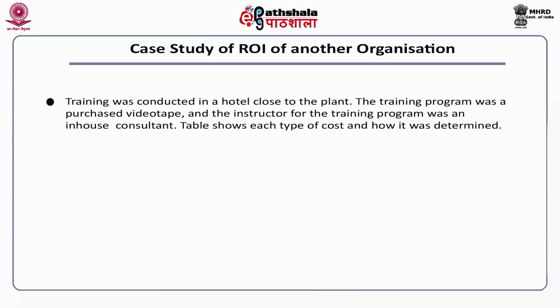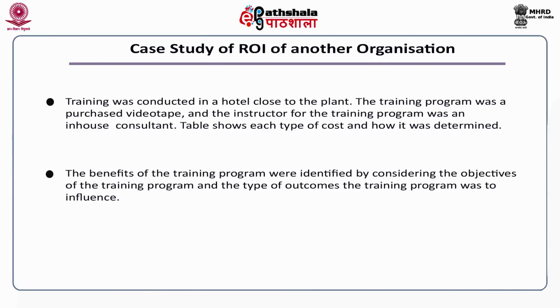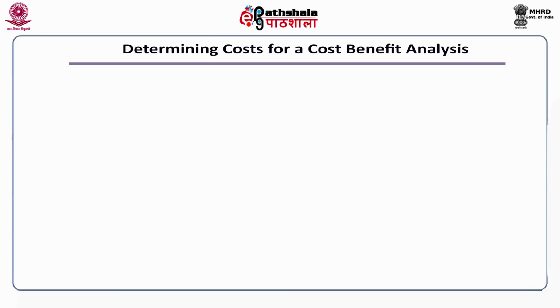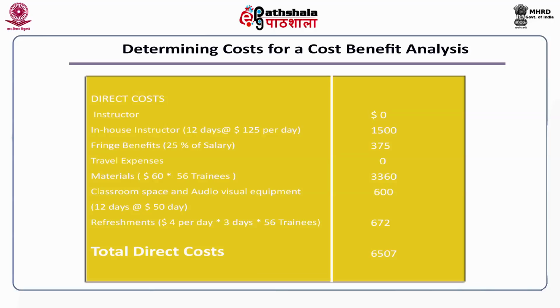The table shows each type of cost and how it was determined. The benefits of the training program were identified by considering the objectives of the training program and the types of outcome the training program was to influence. Determining costs for a cost benefit analysis. Direct cost of instructor would be 0 as an in-house instructor is used.